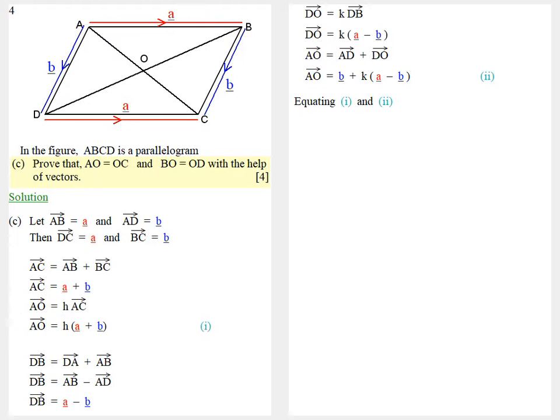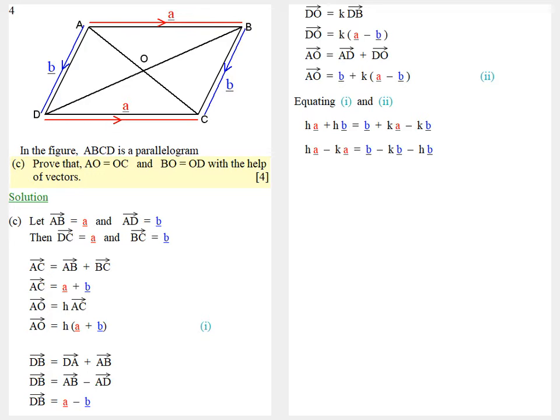Now if we equate the two expressions for AO, we end up with ha plus hb equals b plus ka minus kb. If we get all the terms with a on one side and all the terms with b on the other side, we get ha minus ka equals b minus kb minus hb.